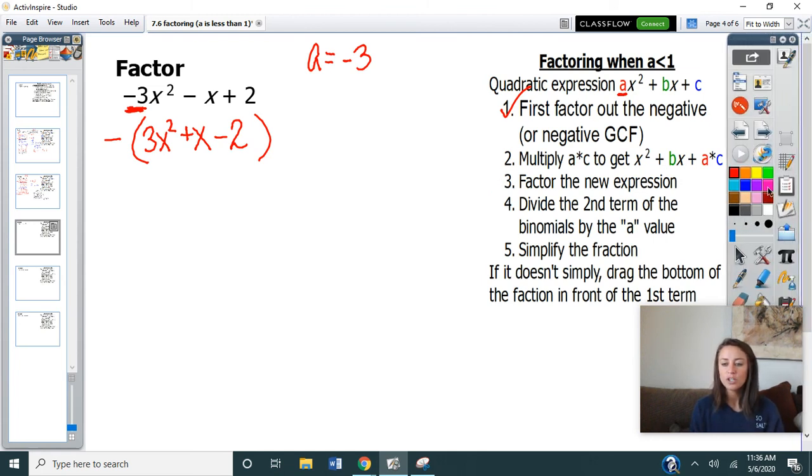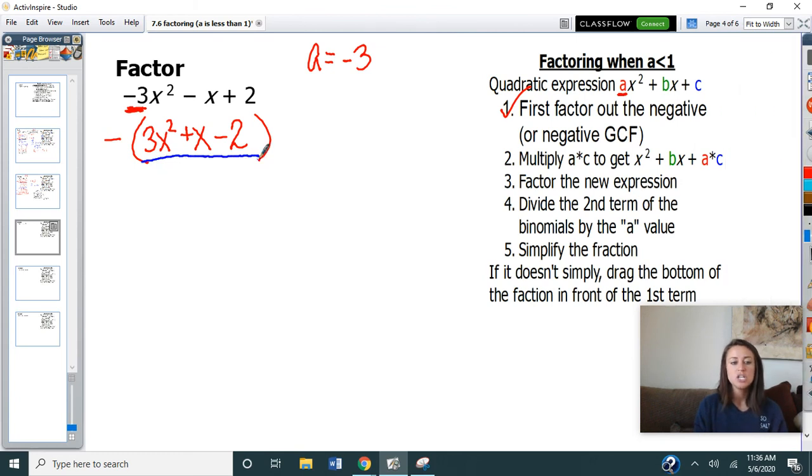Then we're going to factor this. This can be factored more. So this is just like a normal problem from last week where, if you cover up this, don't even worry about the negative, our new a value is 3 because we took out the negative. So we're factoring this. And to do this, since a is not 1, you need to multiply a times c.